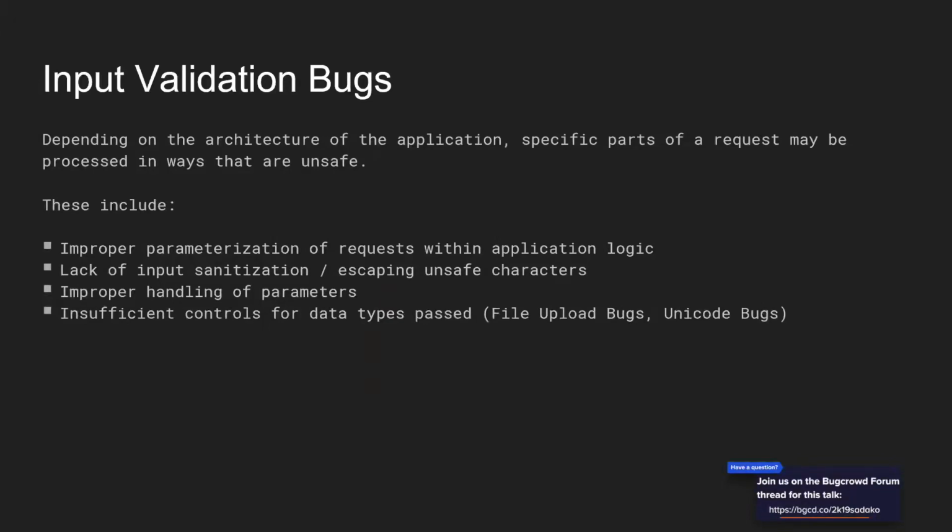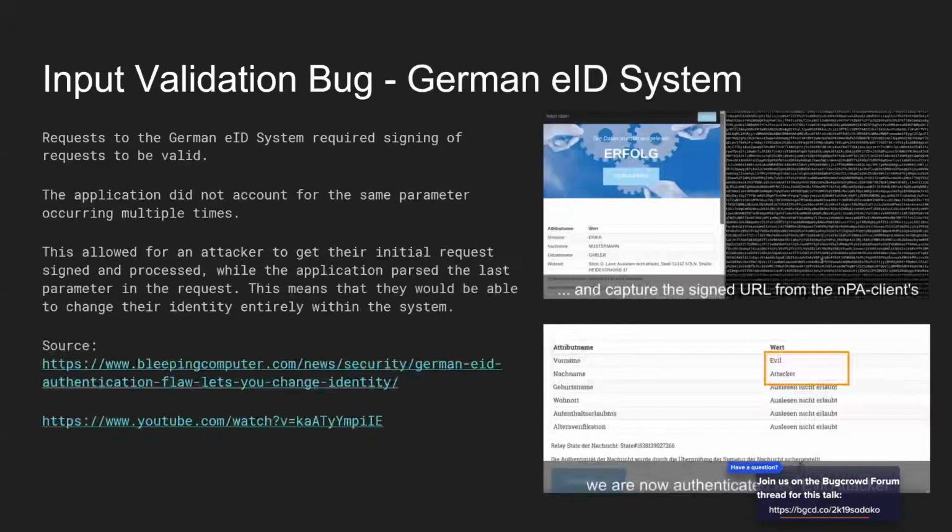Lack of input sanitation and escaping unsafe characters and all sorts of other sanitization techniques. Improper handling of parameters, which we'll get to in a second, and insufficient controls for data types passed. So can you pass a PDF or a zip file, or can you pass a bunch of Unicode, and is that properly handled?